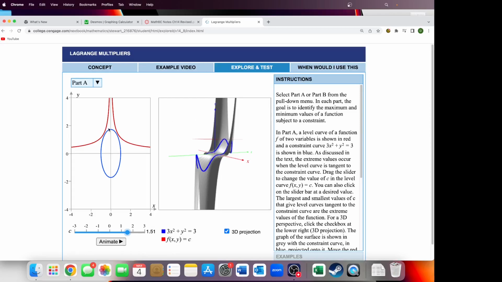Over here, the blue is the constraint, and the red is our level curve that we're moving in and out and looking at. When they're just tangent to one another, when they just meet each other, that's when you should be at your very highest. I think that they're not exactly in sync here, but they're pretty close in sync.